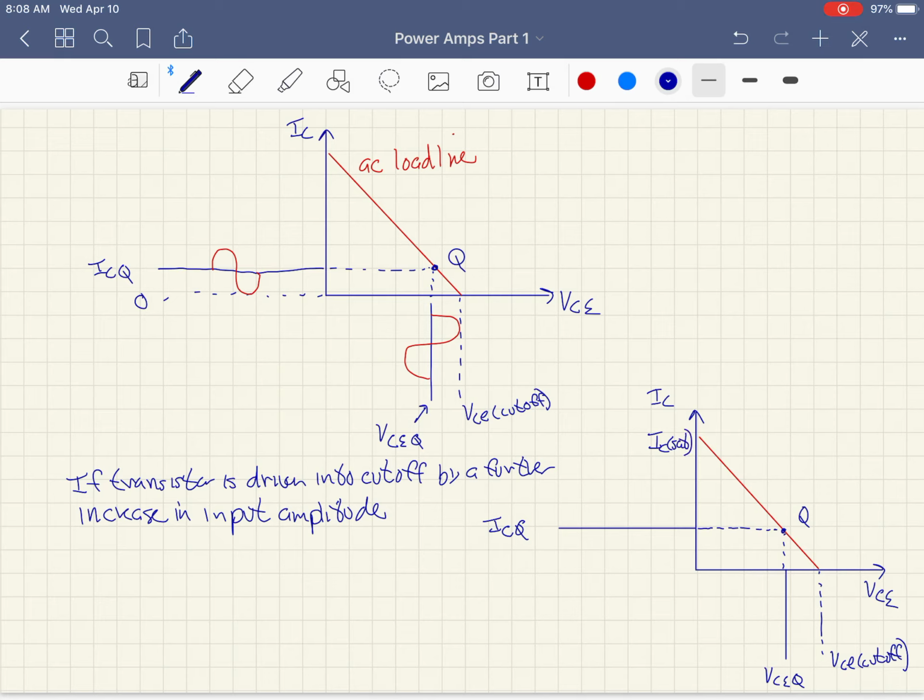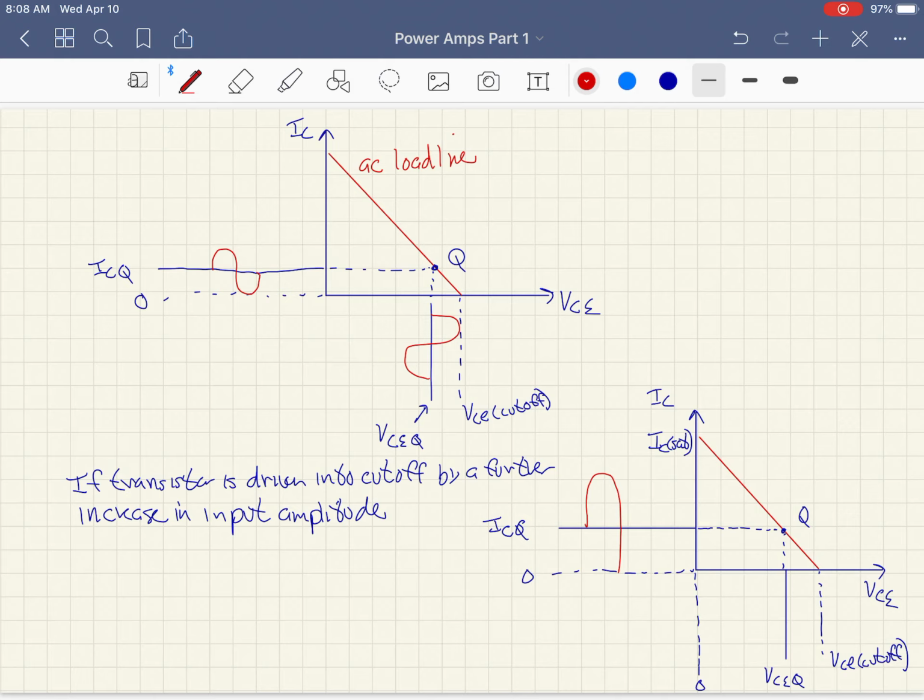All right. Let's look at what happens, what our output looks like. Let's draw this here, and putting our zeros in. All right. So what's going to happen here? Now, let's look at IC first. Okay, the positive half cycle is going to have room.